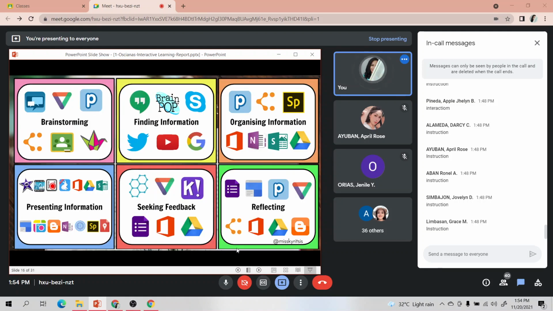Okay, so familiar? Now let me show you an example of the tools used by the teacher, and I think some of you are using these in your virtual class. So we have brainstorming, finding information, organizing information, presenting information, seeking feedback, reflecting. All these tools you can use in the virtual mode of instruction. Actually some are familiar, but others are also new to me.